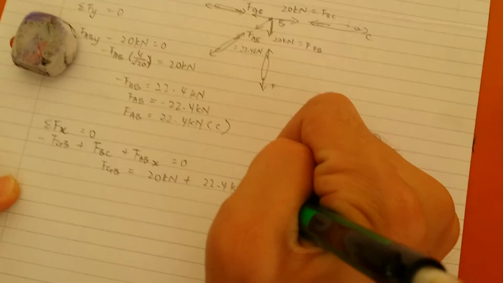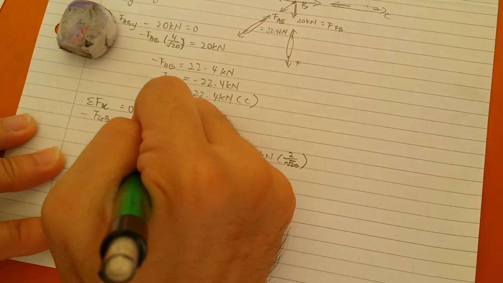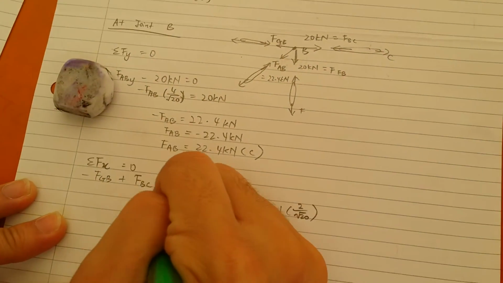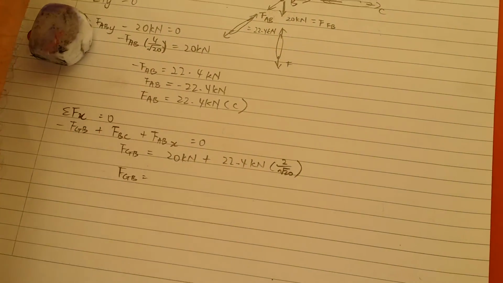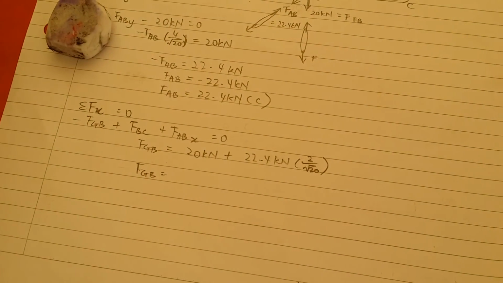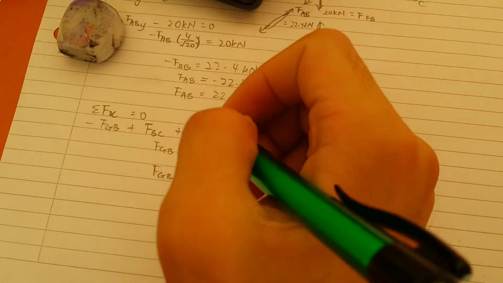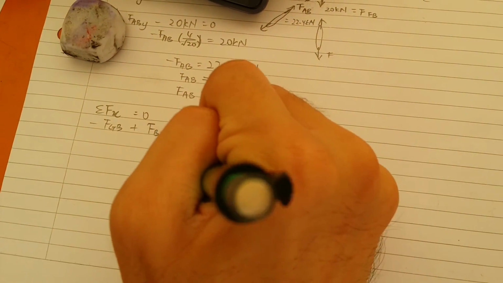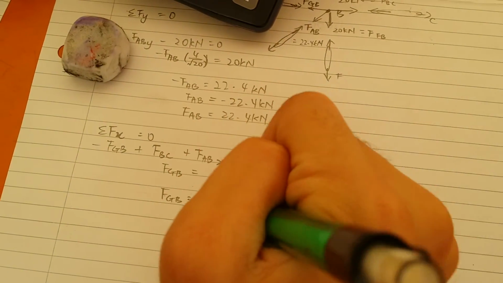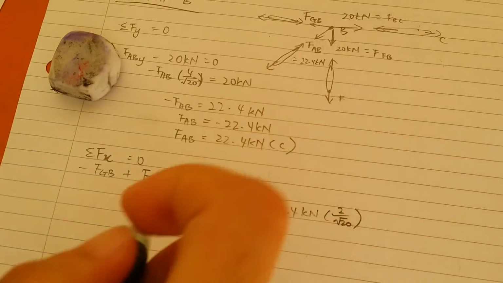So 22.4 times 2 over square root 20 plus 20, we can know that FGB is equal to 30 kilonewton. And our assumption of tension is correct.